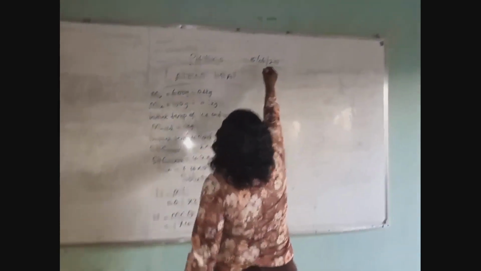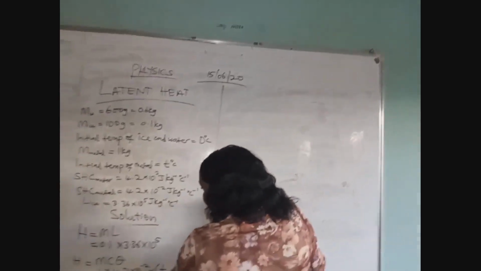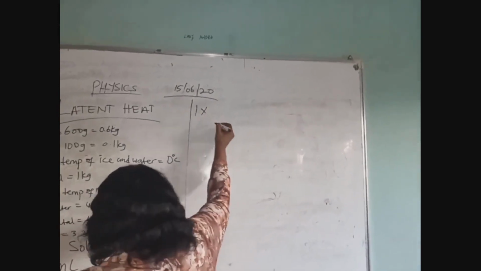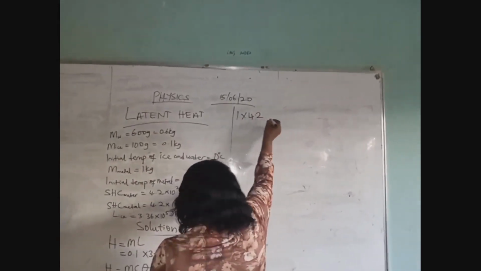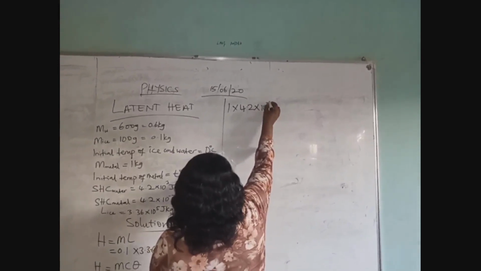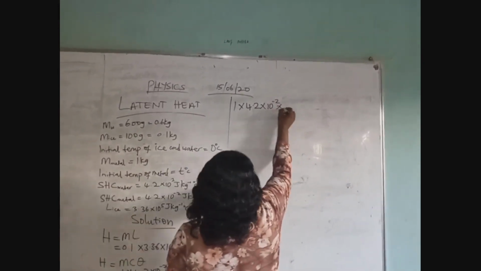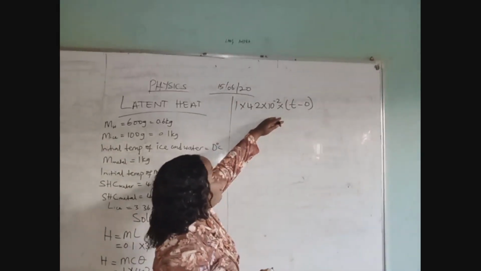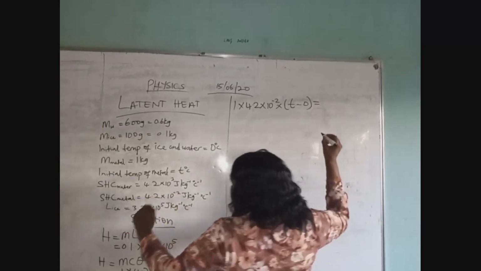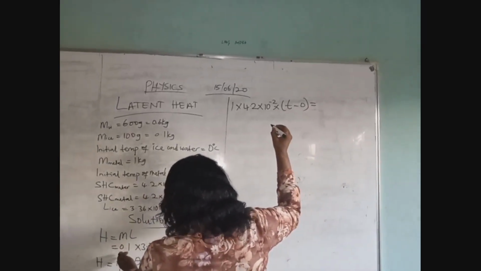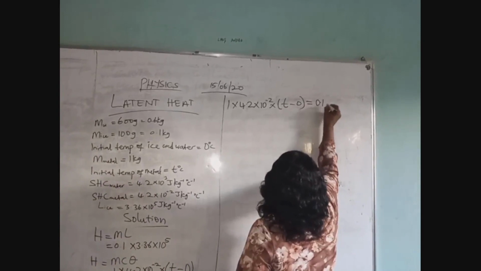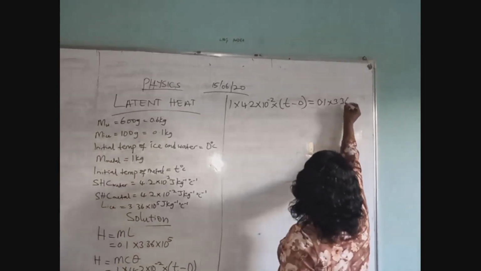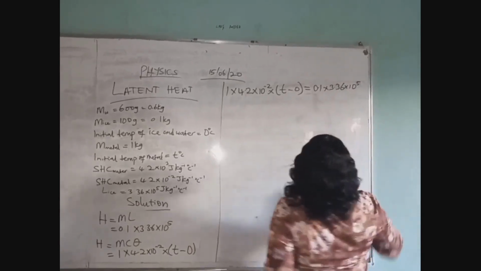That means we now say heat lost by the hot metal, which is 1 times 4.2 times 10 to the power minus 2 times bracket T minus 0, is equal to heat gained by the ice content of ice and water, which is 0.1 times 3.36 times 10 raised to the power 5.